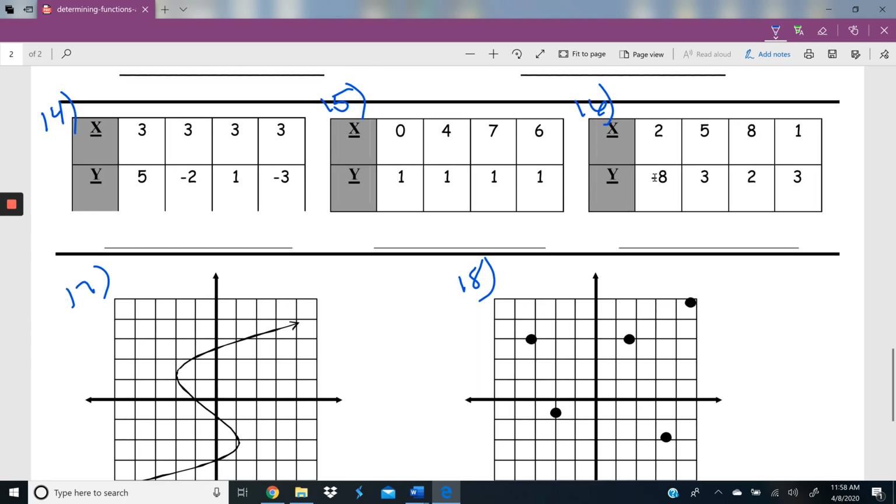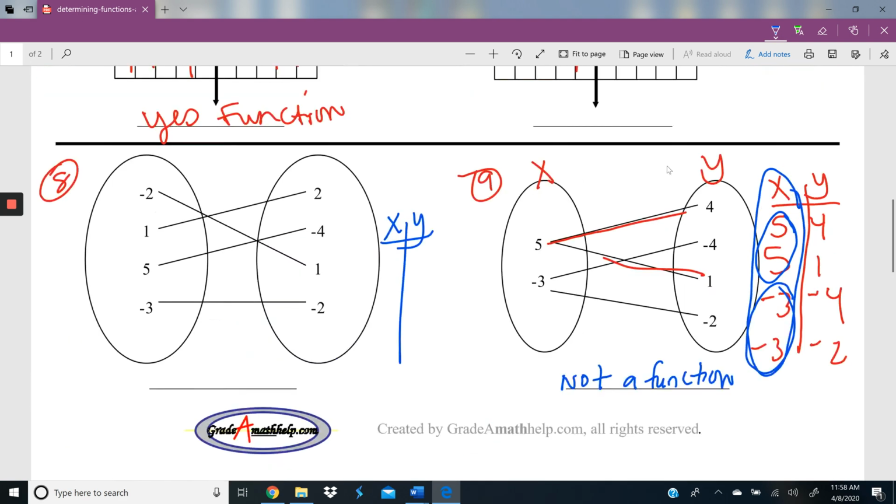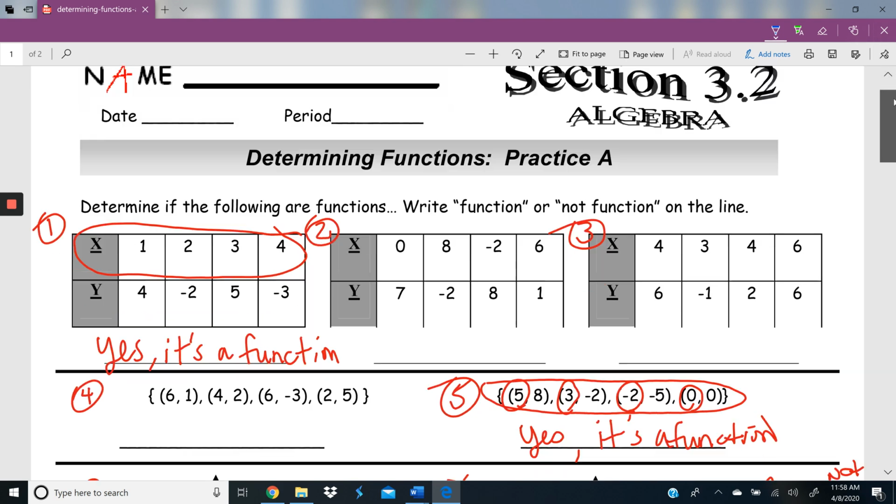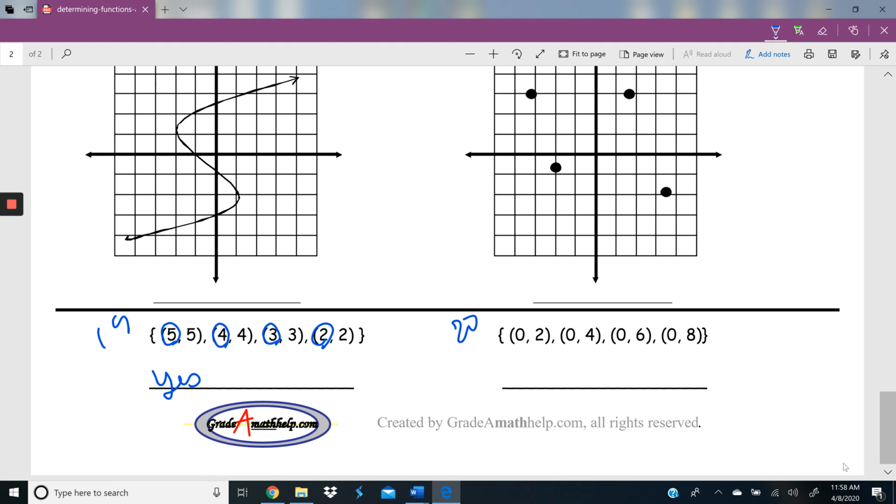So I want you to do the remainder of the problems, and these are the same that we have been doing for the past few days. What I want you all to write down somewhere on your paper, write this down. It's a function if the x values are not repeating.